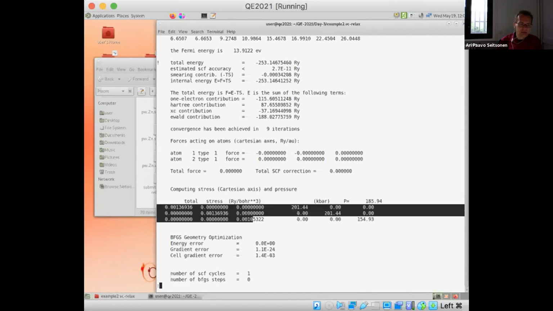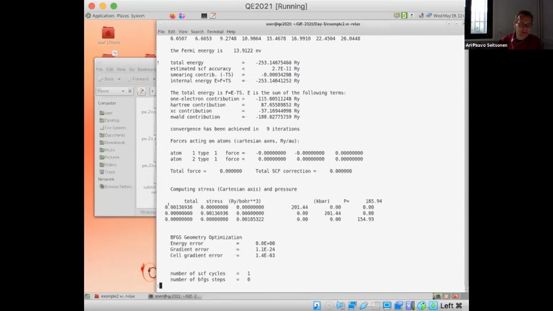So here, the stress tensor on the left, these values, well, by symmetry, most of them, the non-diagonal ones, they are zero, but the diagonal ones, they are in Rydberg per Bohr cubed. So you can imagine, this is the energy or change in energy when you change the volume. So that's why it's Bohr cubed, or the other unit for the length cubed. On the right, you have the same values in kilobars. If you want to think in other units of pressure, you can do the conversion.